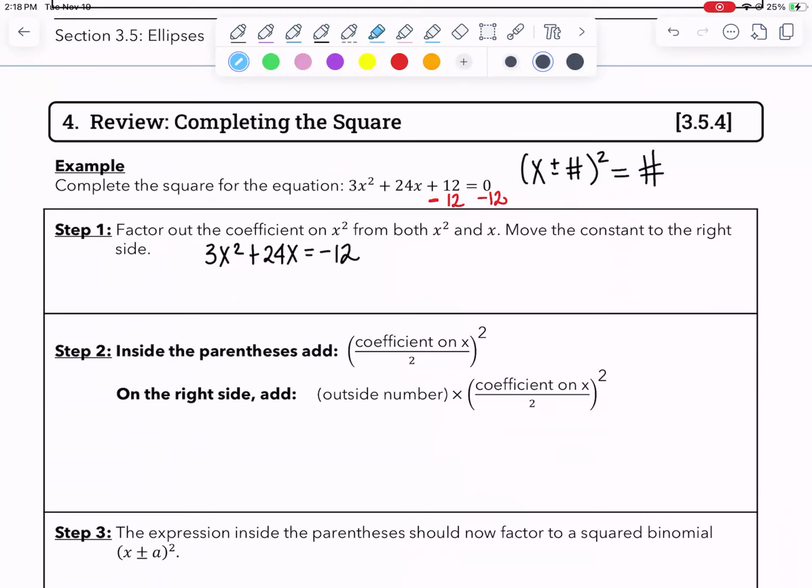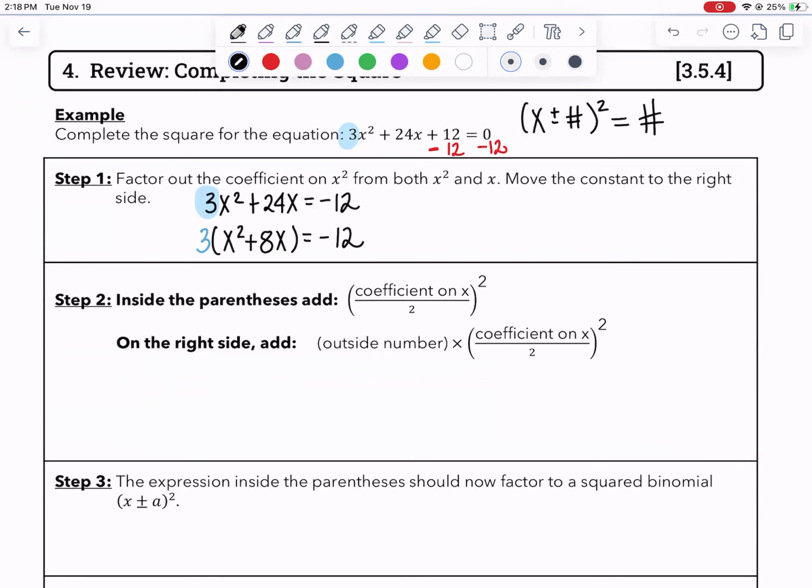You are factoring out the coefficient on x squared from both x terms. So I am factoring out a 3, and then I have x squared plus 8x is equal to negative 12.